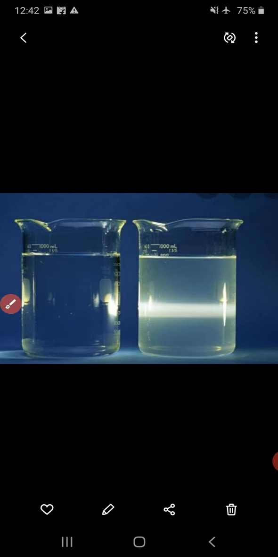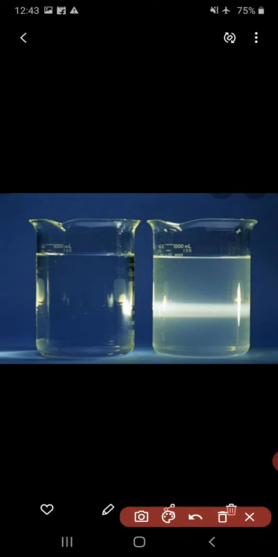The particles of sugar we added here are very small and dissolved properly into the solution, so they can't scatter the beam of light, यहाँ से reflect नहीं होगी light. But in this solution the light is easily reflected, right? Light is easily reflected because the particles of milk are bigger than the particles of sugar, so the light beams are scattered. That's why it is called the Tyndall effect.